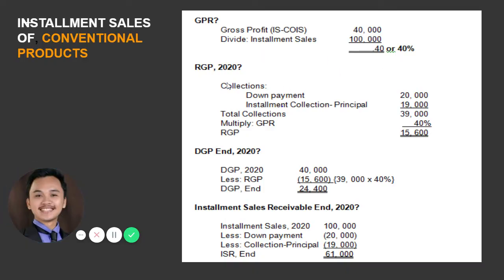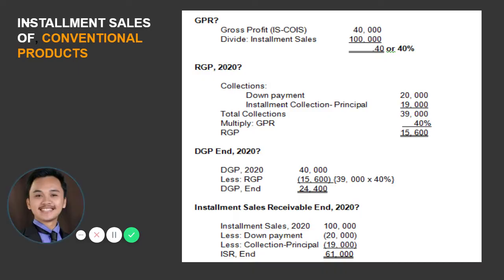And then we have computation of our realized gross profit. So as mentioned earlier, we have our total collections of 39,000. Simply multiply it by our gross profit rate of 40%. So therefore, our realized gross profit will be 15,600 for the year 2020. And then we have deferred gross profit end for 2020. So as what I have mentioned earlier, this deferred gross profit will reduce as long as there is cash collection.